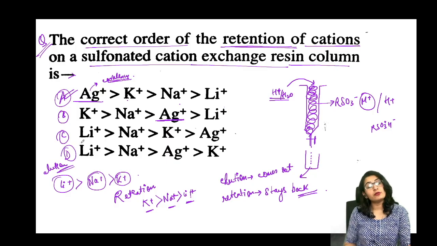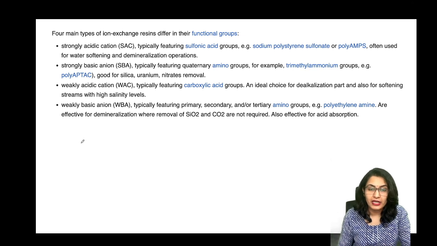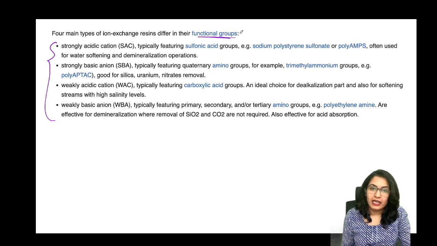Very beautiful application. Now, so that you don't get confused in future, I'll tell you 4 different types of ion exchange resin which are used in chemistry, along with their functional groups. Strongly acidic cation, typically featuring sulfonic acid.